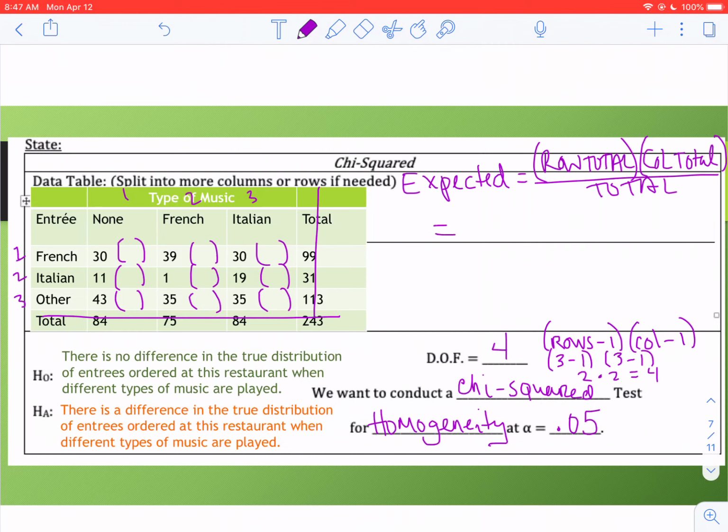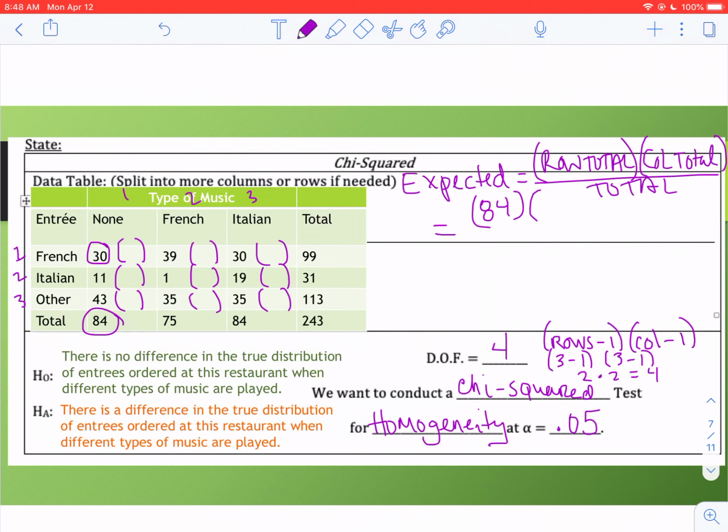All right, so for the French entree with no music playing, that's in row 1, column 1. So I'm going to look at the row total, which is 84, times the column total.